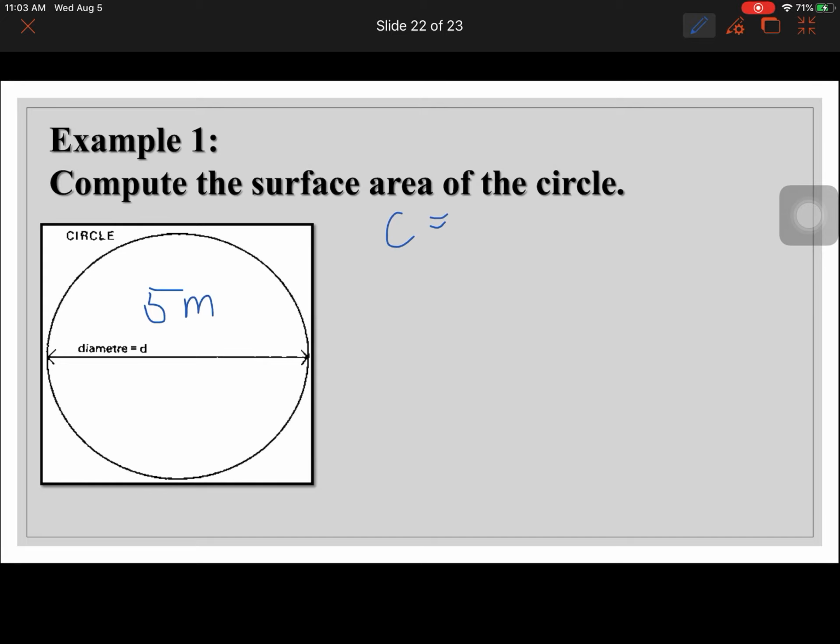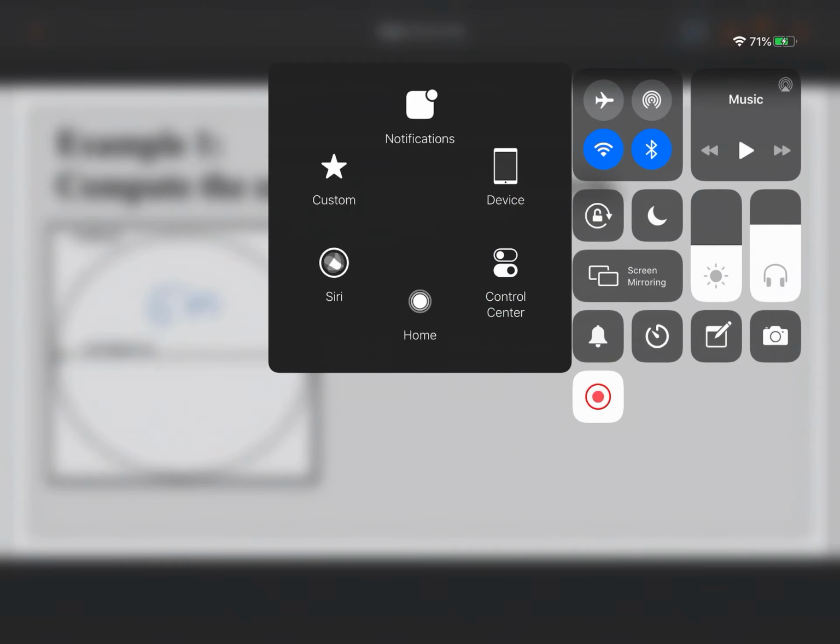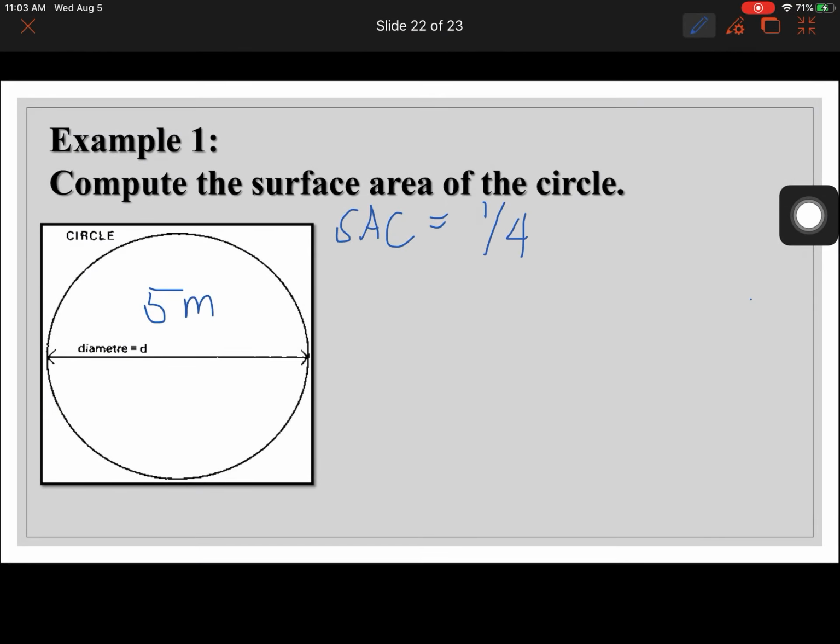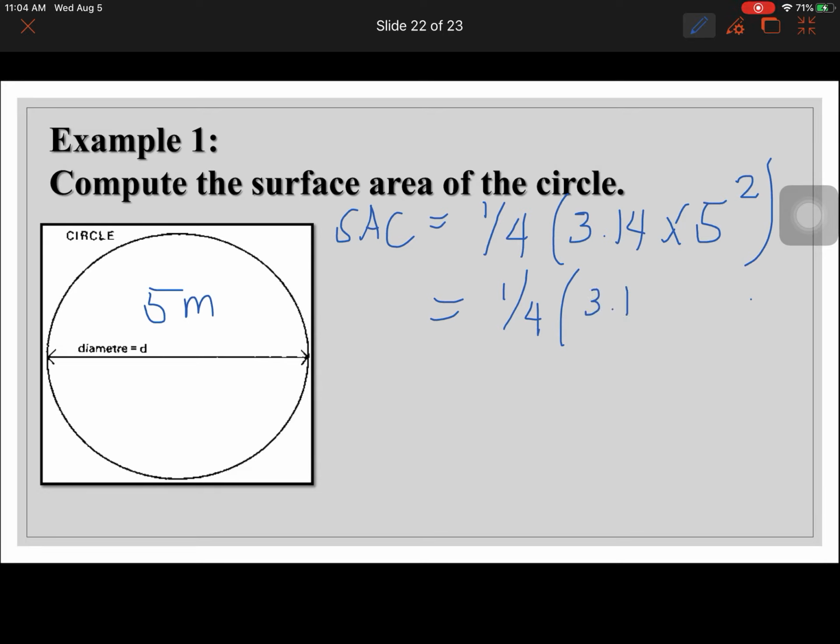So, circle is equal to 1/4 open parenthesis 3.14 times 5 squared close parenthesis. So 1/4 times 3.14, 5 times 5 is 25, is equal to 1/4 times 25 times 3.14.